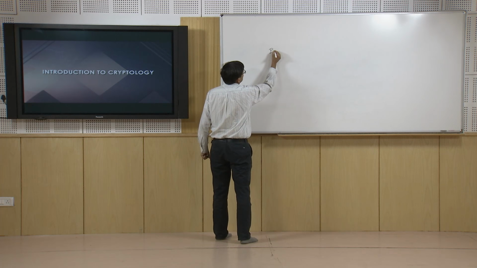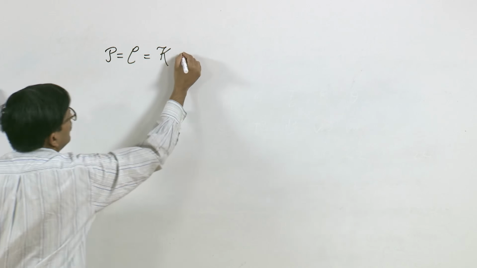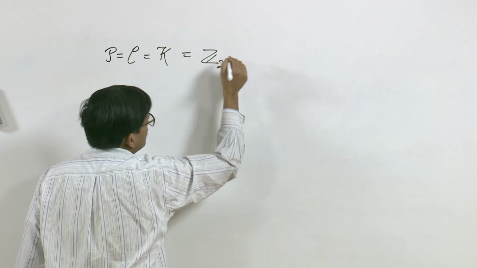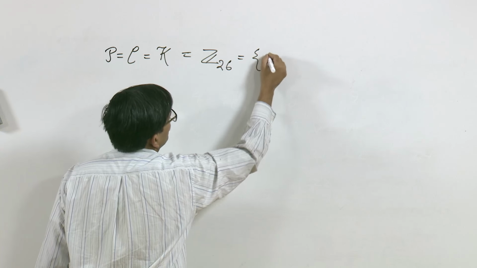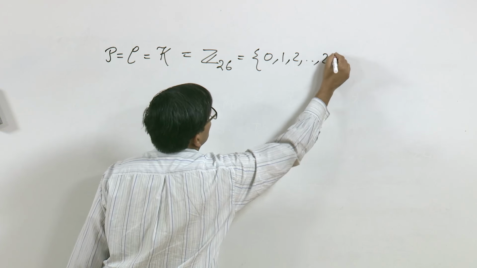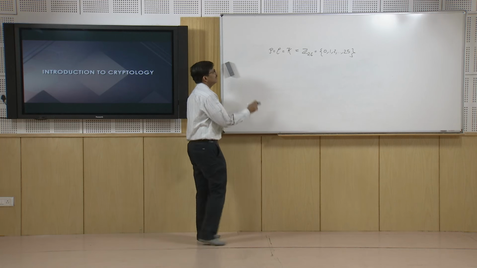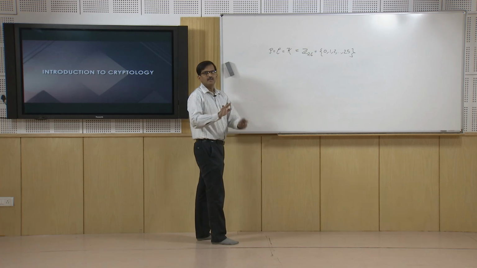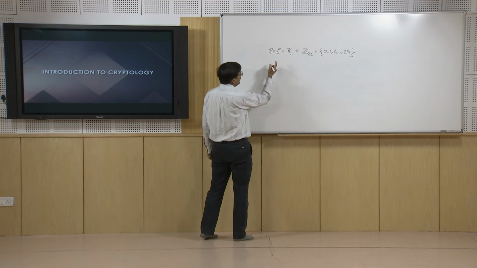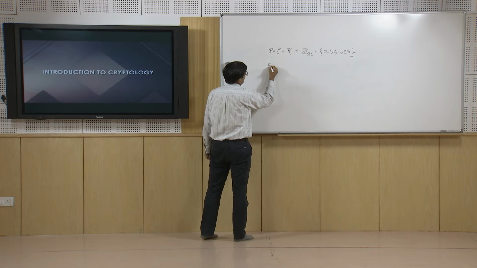Plain text, ciphertext, key space, all are equal to Z sub 26, which is the set of numbers between 0 to 25. So, the crypto system is properly defined.